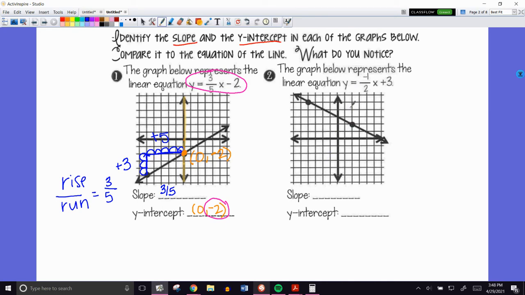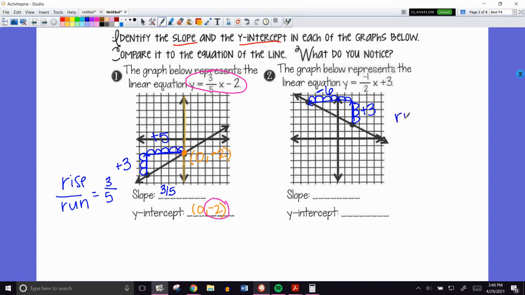All right, so again, on our slope, we're going to need to count our rise and our run. So for this one, I'm going 1, 2, 3, and I went up, so that's going to be a positive 3. And then I go 1, 2, 3, 4, 5, 6, and I went those 6 to the left, so that's going to be a -6.